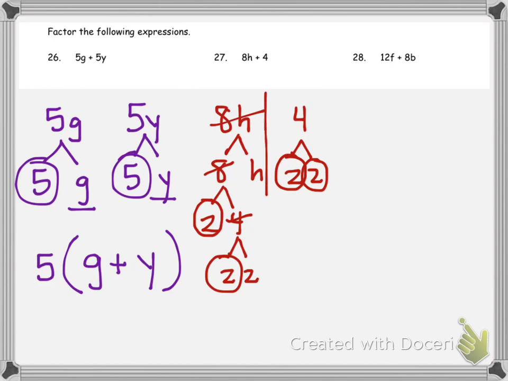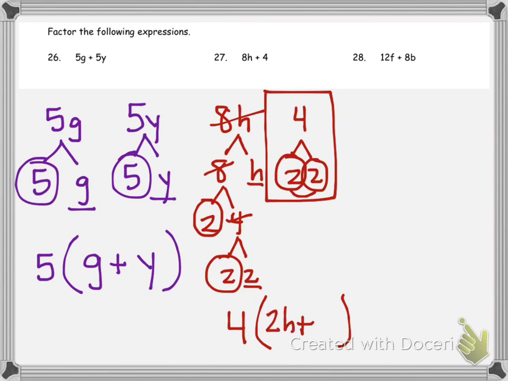And if I look at just one of the trees, I can see that my GCF is 2 times 2, which is 4. So 4 is my GCF. And then whatever's left in my trees is what's left in my sum. So I have a 2 and an h in the first term, and there's nothing left here. So you might think 0, but it's actually a 1 because 4 divided by 4 is 1. So 4 times the quantity 2h plus 1 is the answer for number 27.